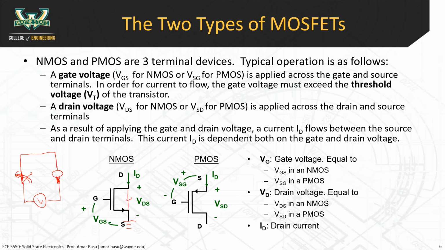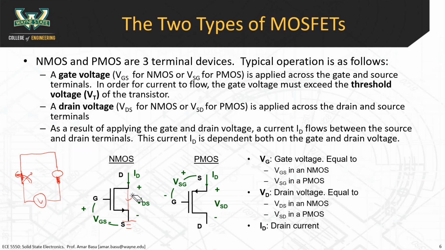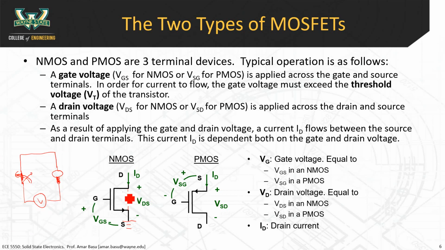And if you remove that gate voltage, then this goes away, and there's no conduction between the drain and the source. Any questions so far on the NMOS device?